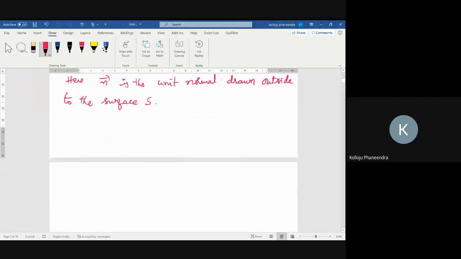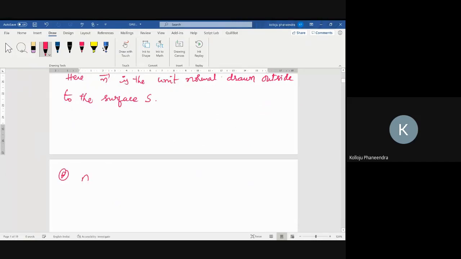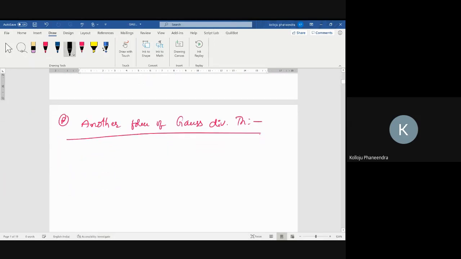And now another form of the Gauss divergence theorem. What is the statement? Same statement, everything is the same, except what is the change here?